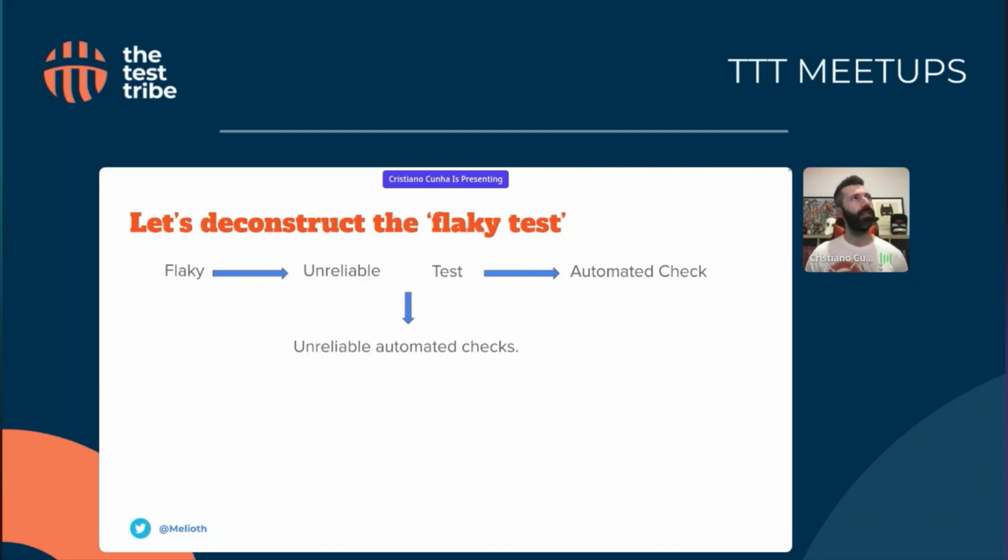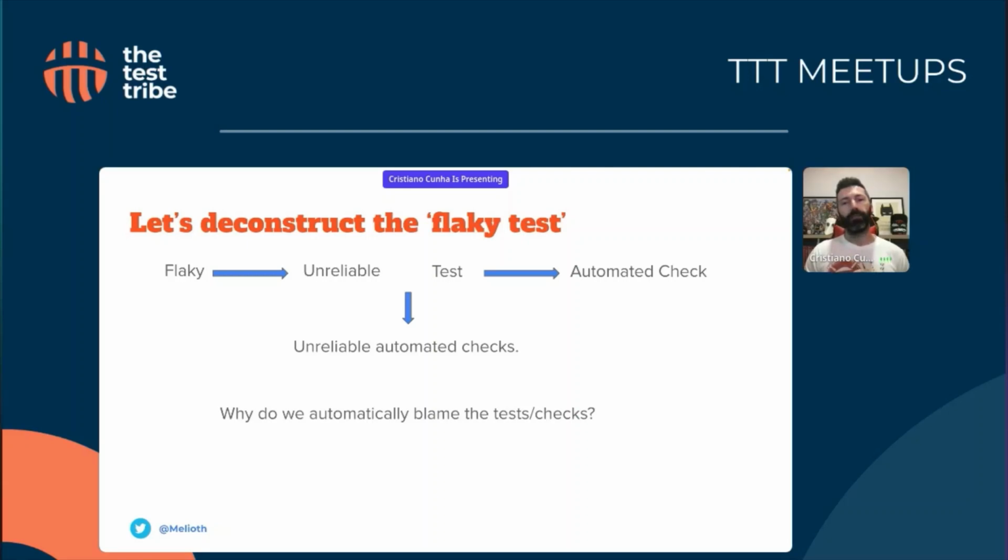So why can we not solve it? What is there that we are unable to solve that gives this unreliable way of doing things? What's happening there? And my question is, why do we blame the tests or the checks?